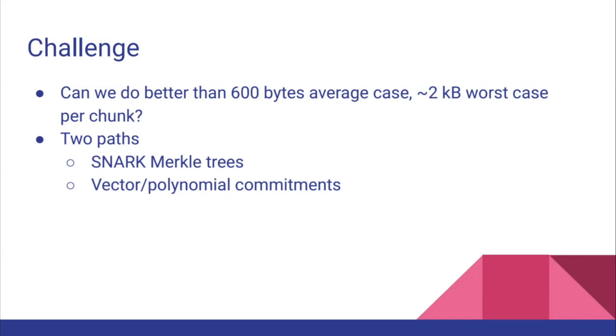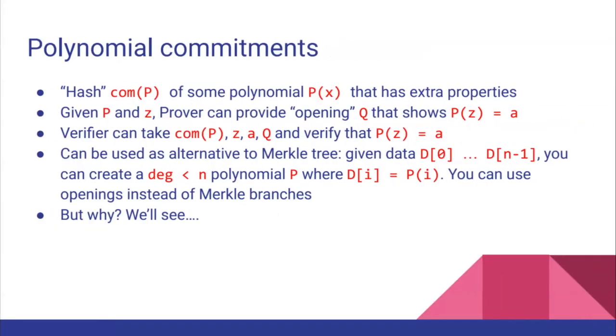And the second path has to do with vector or polynomial commitments. Polynomial commitments, basically, it's this special kind of hash of a polynomial. That's one way of thinking about it, except the hash of the polynomial has some extra properties. Right?